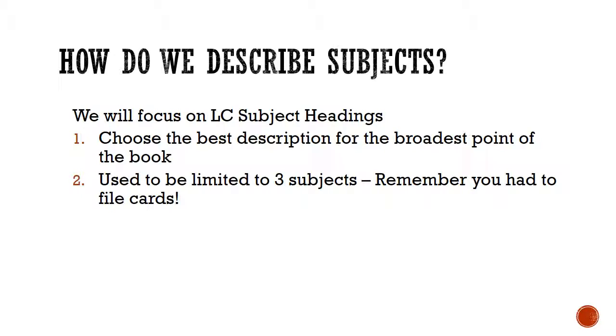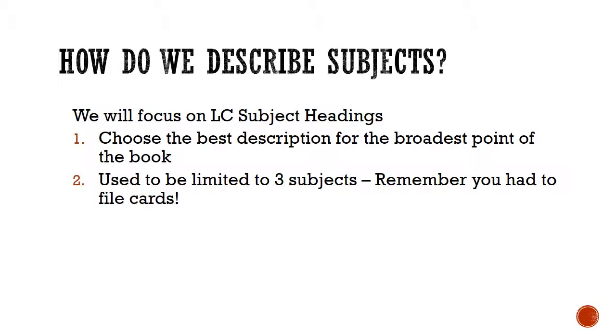We try to choose the best description for the broadest point of the book. So we can't describe every single little thing that a book is about. But we can sort of say, oh, broadly this book is about cats. Broadly this book is about dogs.